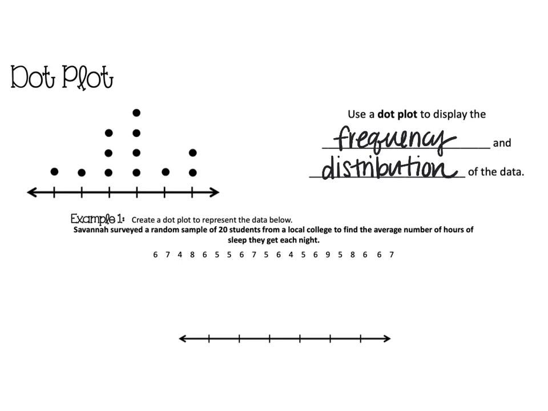And on this particular one, I have just enough to start at 4 and end at 9. And what I'm going to do is I'm just going to make a dot for each data point.